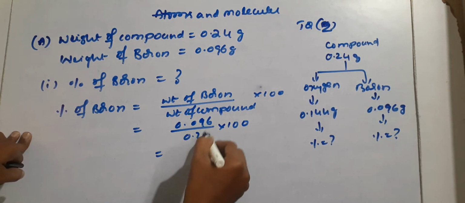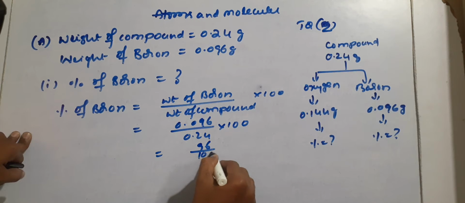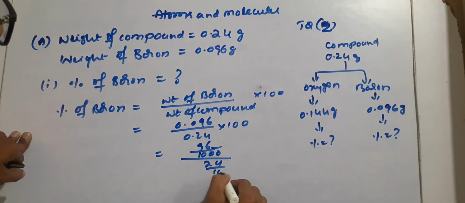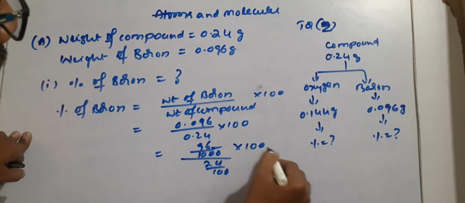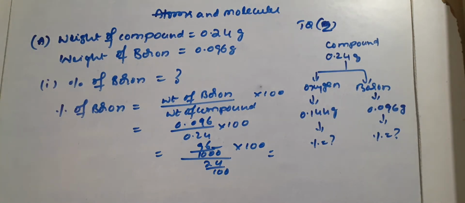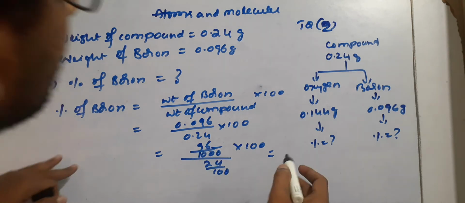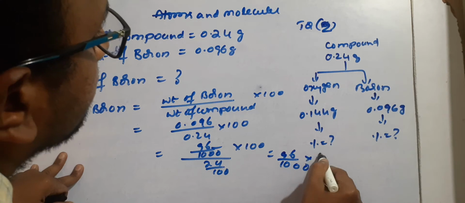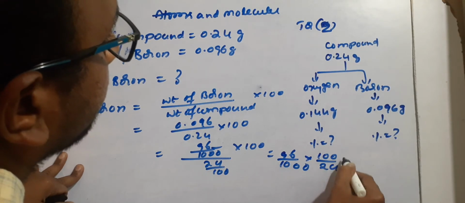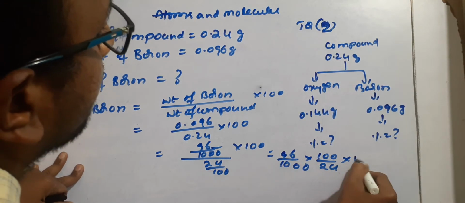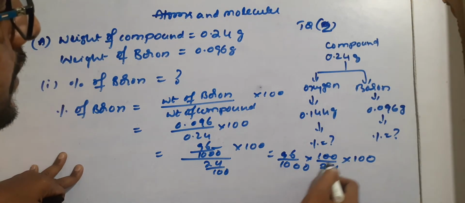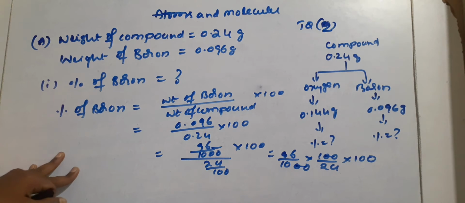We can write this, students, as 96 by 1000 divided by 24 by 100, into 100. Just 0.096 is written as 96 by 1000. Now it will be 96 by 1000 into 100 by 24 into 100, that is the formula factor for percentage. So two zeros will be cancelled.